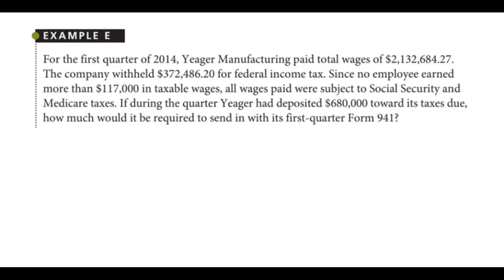So let's look at this example. One other thing to notice is that they mentioned that no employee earned more than $117,000. In the video we used, in that bonus example which I called example D, the threshold was 97,500, because that's what we're using in the homework. In the textbook, they mentioned 117,000. It's because the threshold changes.